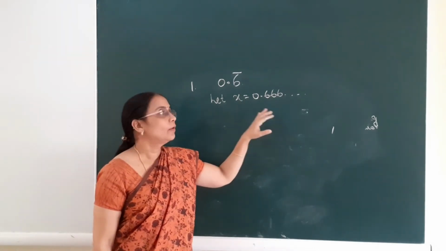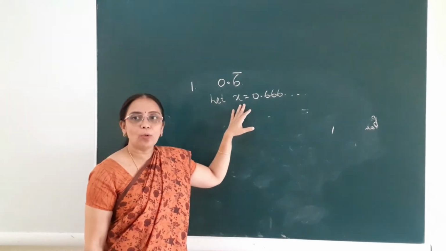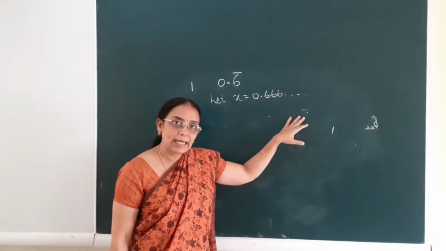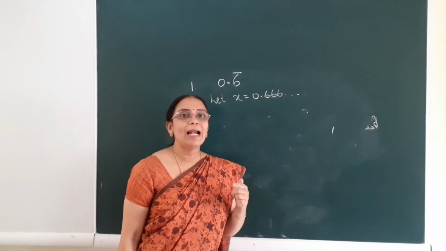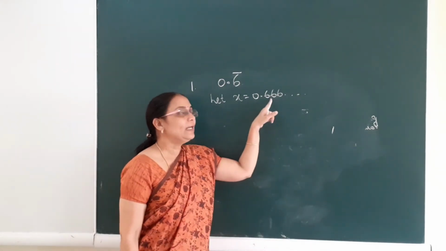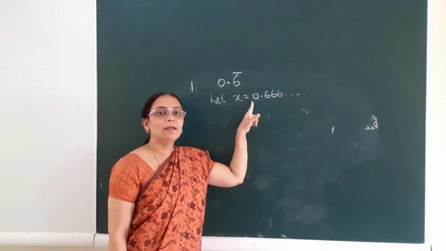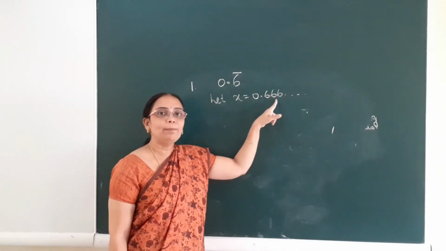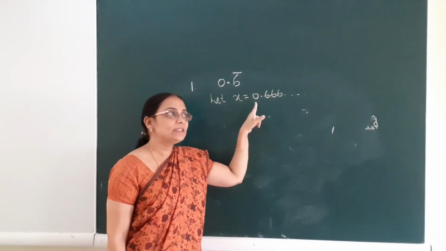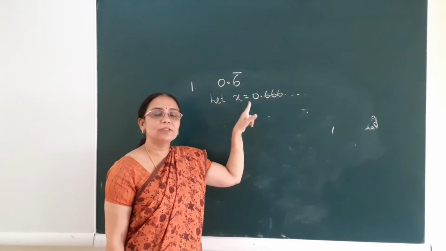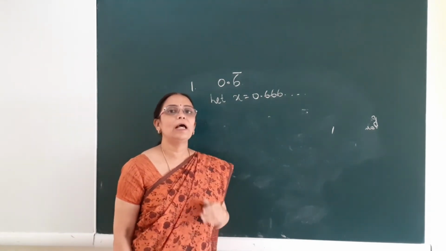To do so, we will multiply this equation by 10. We all know that if we multiply by 10, one digit will move to the left part. If you are multiplying by 100, then 2 digits. If you are multiplying by 1000, 3 digits, and so on, as we have learned in lower classes.